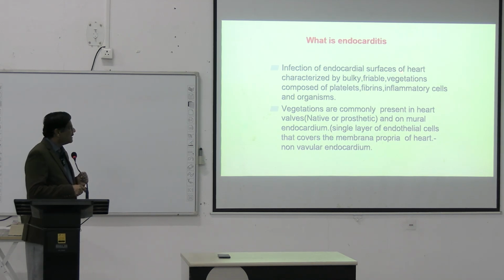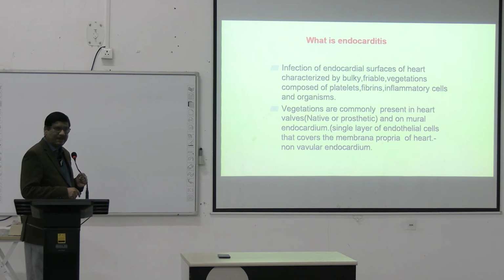Infection of endocardial surface of heart characterized by bulky friable vegetations. How is the vegetation composed? The vegetation is composed of platelets, fibrin, inflammatory cells, and the organism itself. The vegetations are commonly present in heart valves, native or prosthetic, and on mural endocardium.